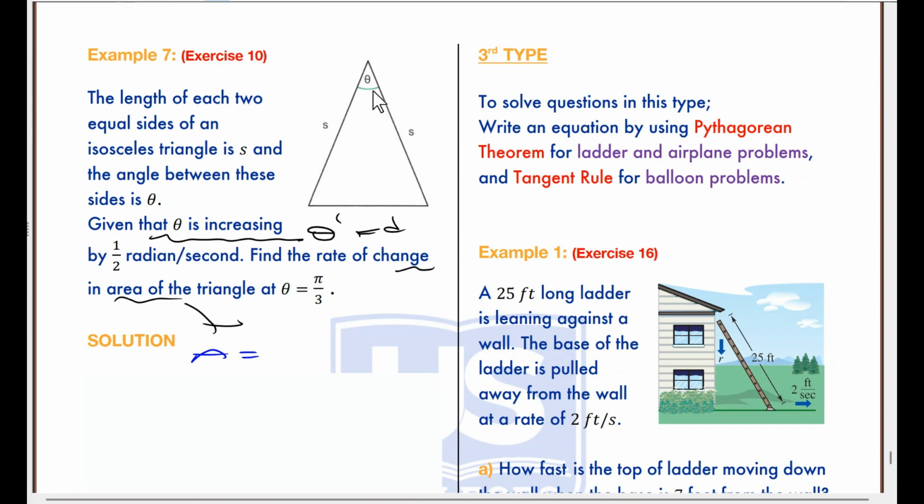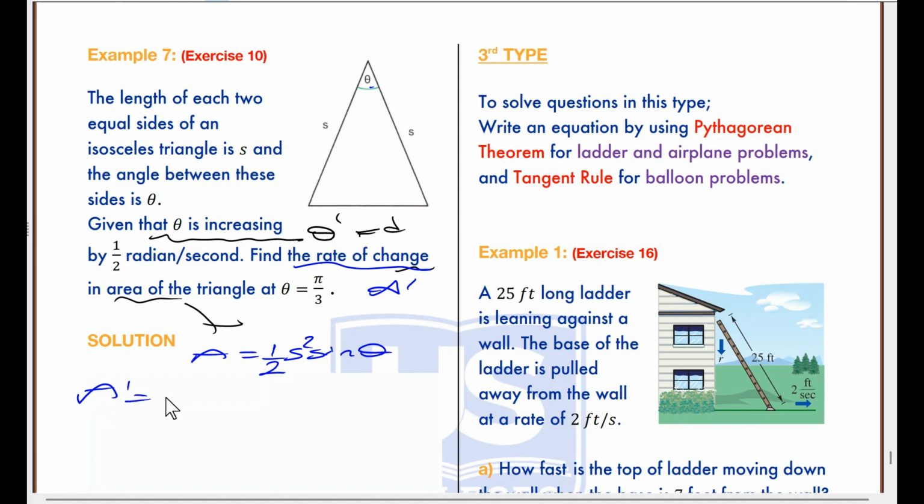But we have a special case here. The side lengths are the same, it's an isosceles triangle, and the angle formed between them is given. Like we studied before in grade 11, we have an area formula: 1 over 2 s squared sine theta. So we are looking for the rate of change in area, meaning A prime.